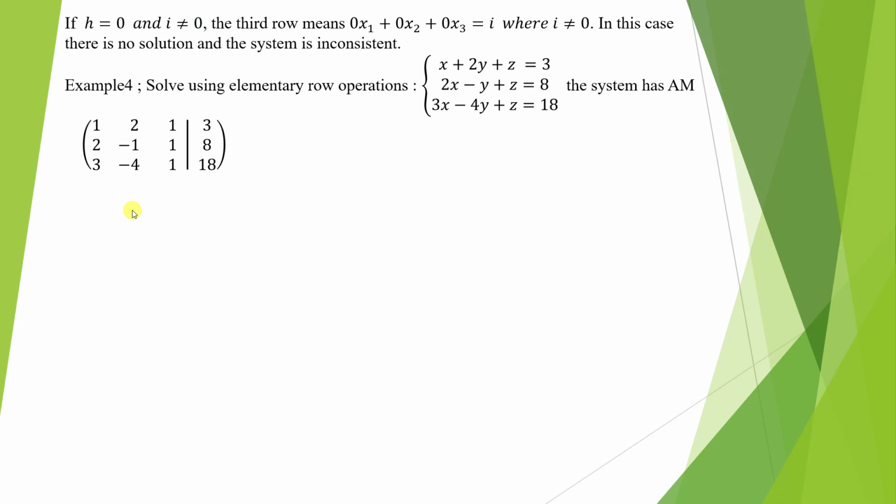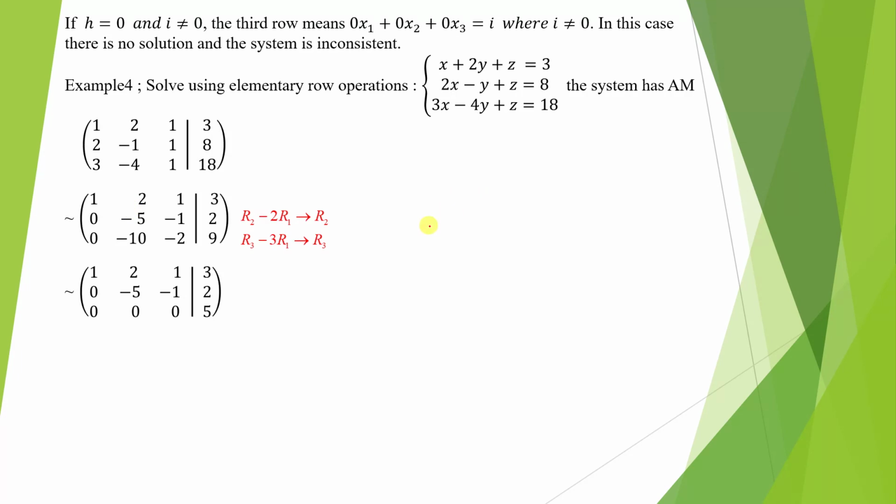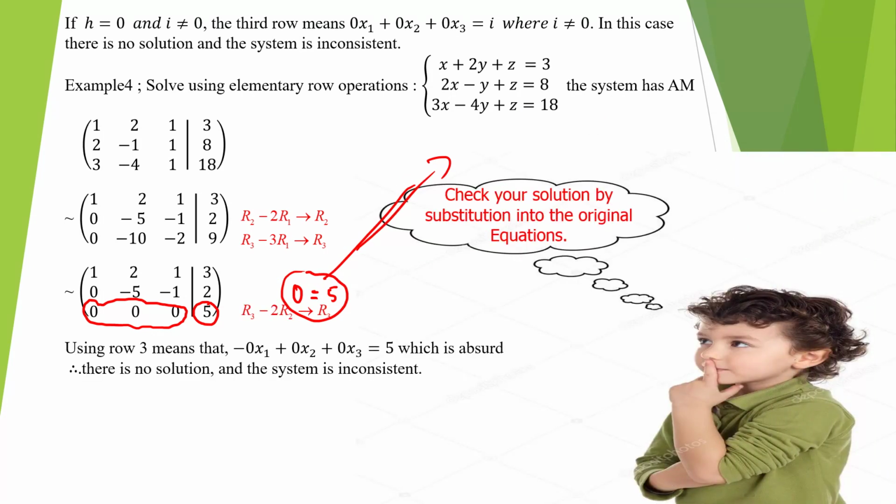Like in this system, the left hand side is 0, and the right hand side is not 0. So this equation is not true. It means 0 equals 5, which is not true. We can say this system of equations has no solution. We can call it inconsistent.